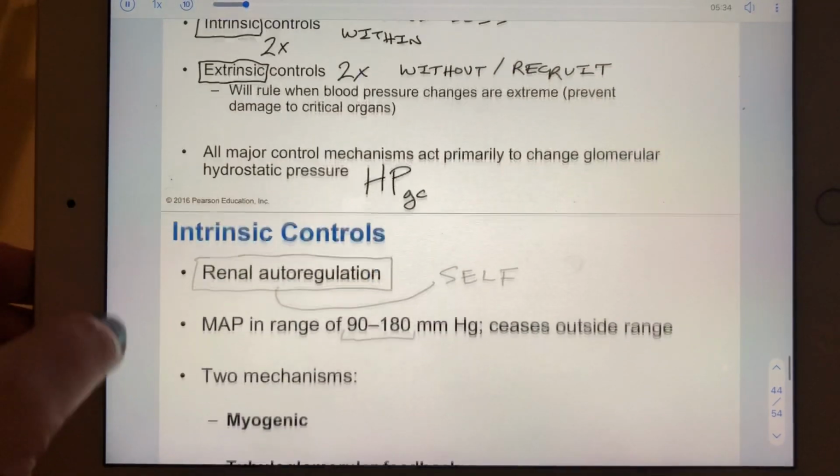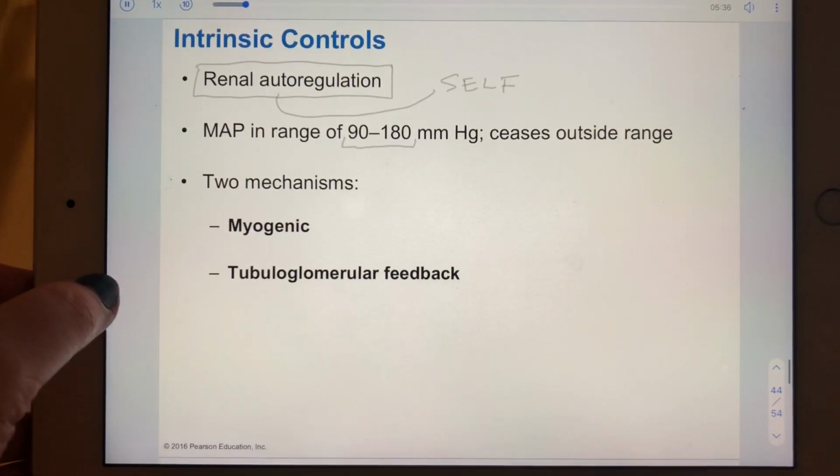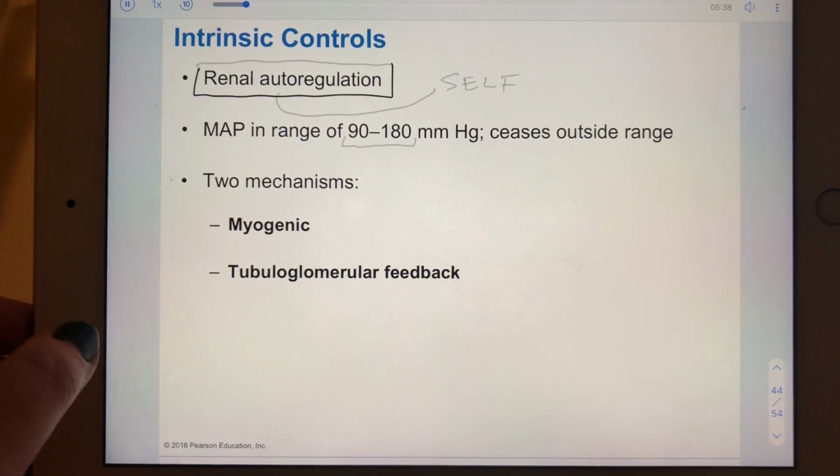Just an overview of the intrinsic controls, which are often, in this context, also referred to as renal autoregulation, which is nice because the root auto means self. Thanks, I'll do this by myself. All right. There are 2 major mechanisms, the myogenic mechanism and the tubuloglomerular feedback mechanism.